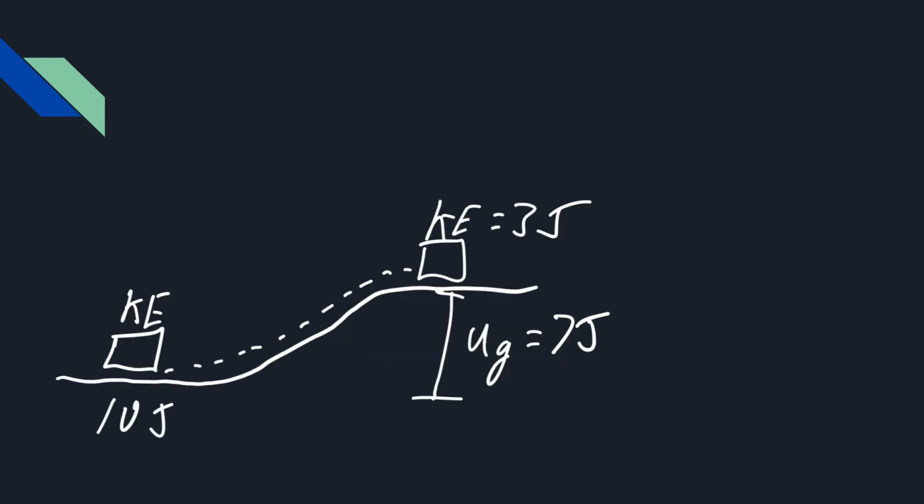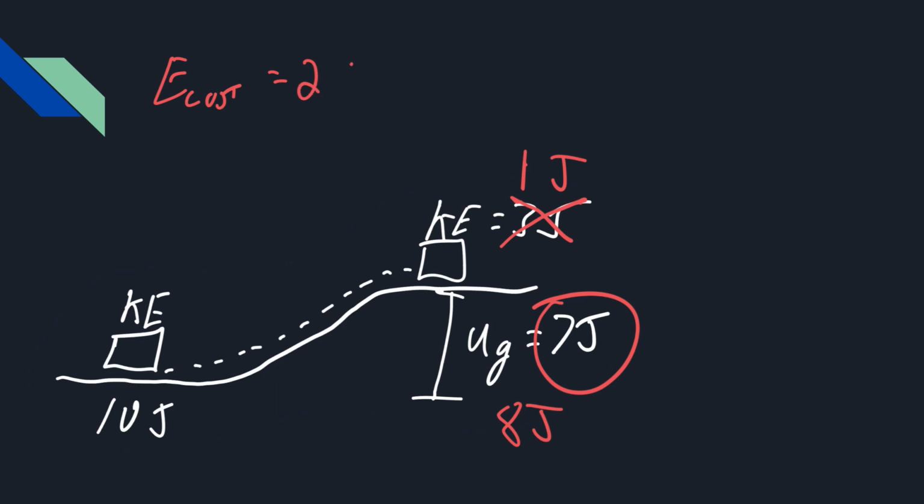So for example, let's look at the problem we just did. Let's say instead of having 3 joules of kinetic at the top, you have 7 joules of potential, but you only have, let's say, 1 joule of kinetic. Well, in that situation, notice that we're ending up with 8 total joules of mechanical energy. And so that means that you had energy lost of 2 joules, right?